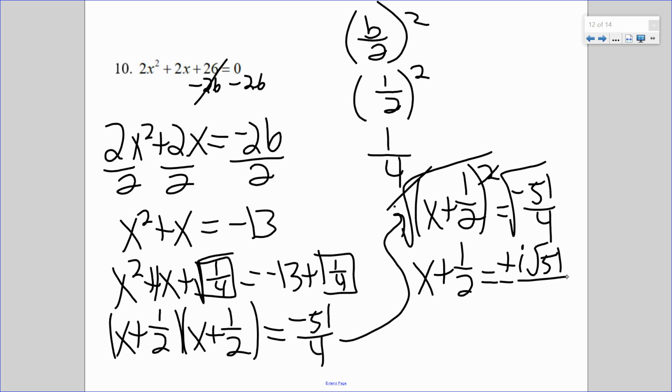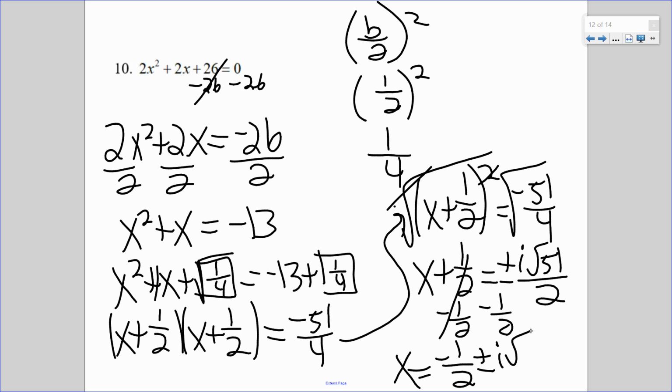The bottom, rad 4, is 2. Now I would subtract 1/2 from both sides, and I get as my answer negative 1/2 plus or minus i rad 51 over 2. I would not use completing the square for this example. I would use quadratic formula.